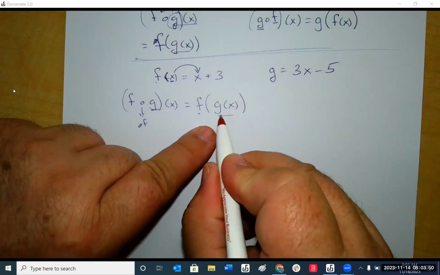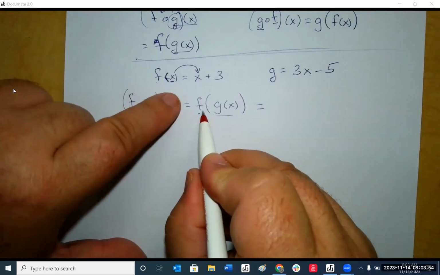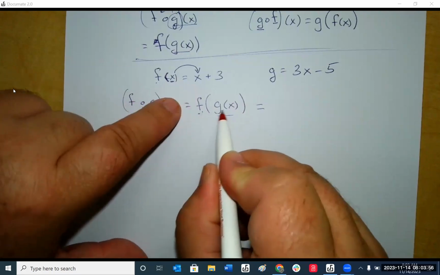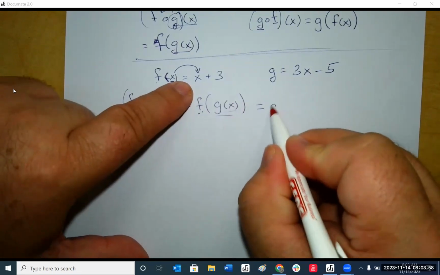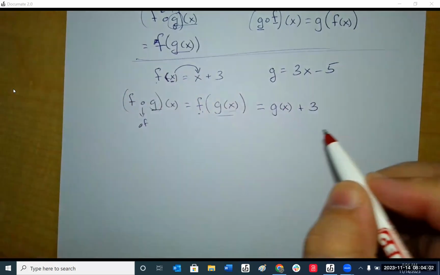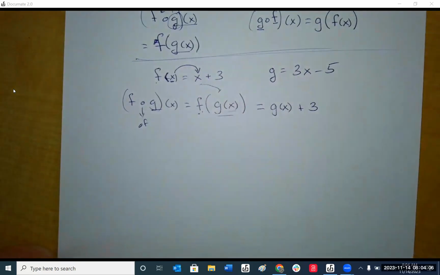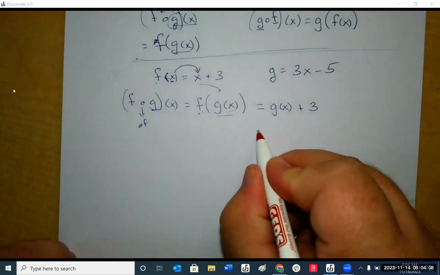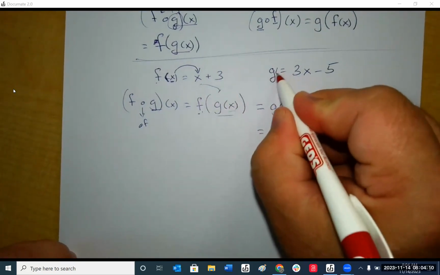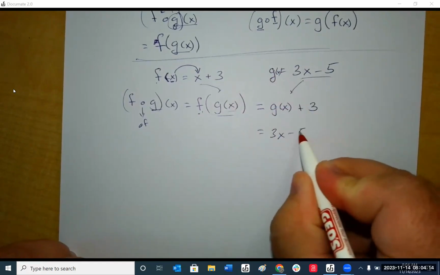So what this says is I go to the function f. Anywhere I see an x, I put a g of x. So this is my new x. g of x is 3x minus 5.